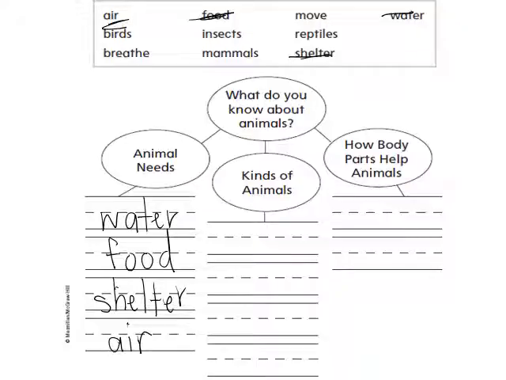Now for my next bubble, kinds of animals. This is something we touched base on, okay? Just as information, extra information. If you don't know them or are confused, that's fine. We're just going to review them a little bit right now. Julia. Mammals. Yes. And how do I know what a mammal is? It has fur, right?